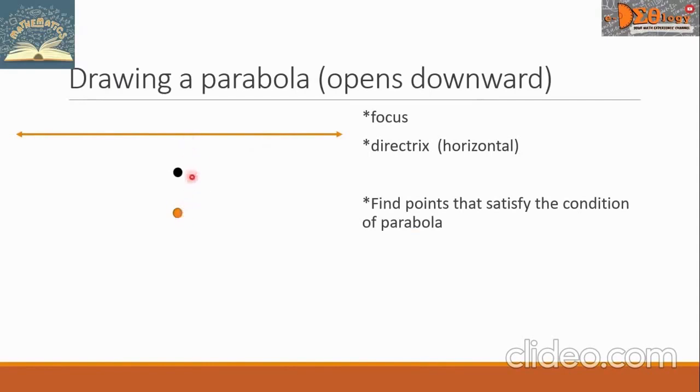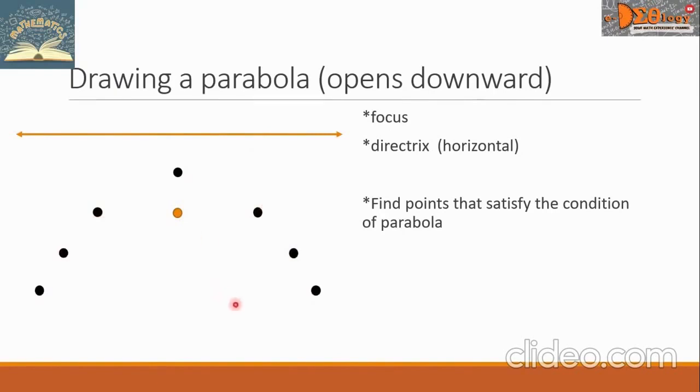And here is the point. Let us find more points. Here we have 2 more points equidistant from this point and from this line. Here are 4 more points that satisfy the condition of parabola.